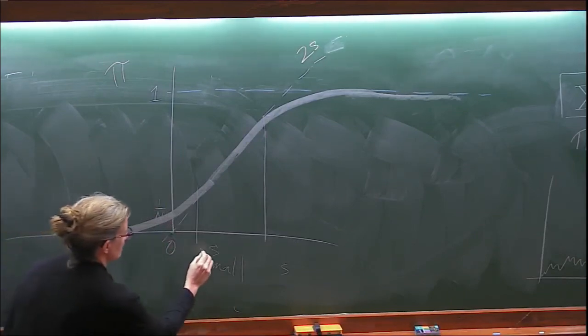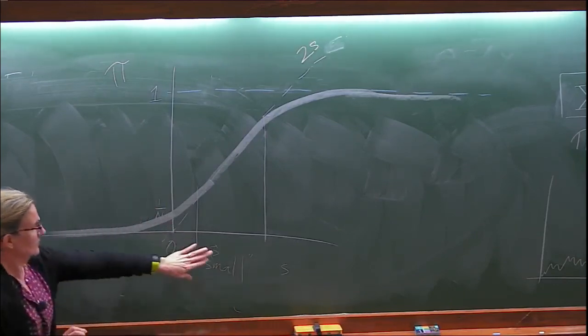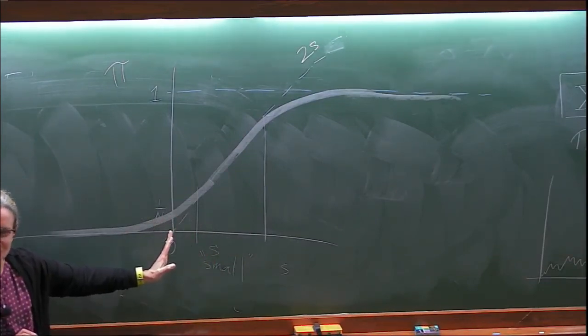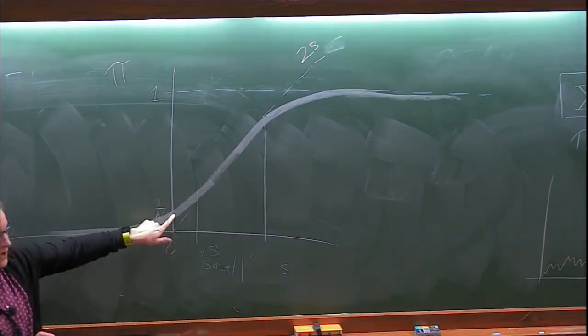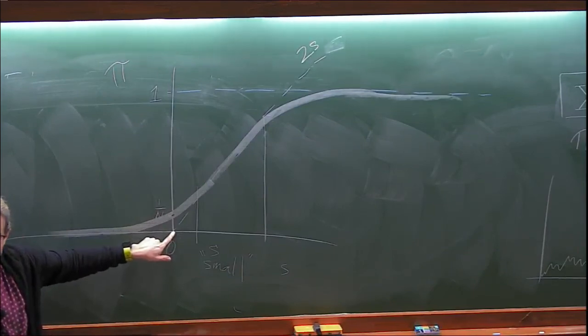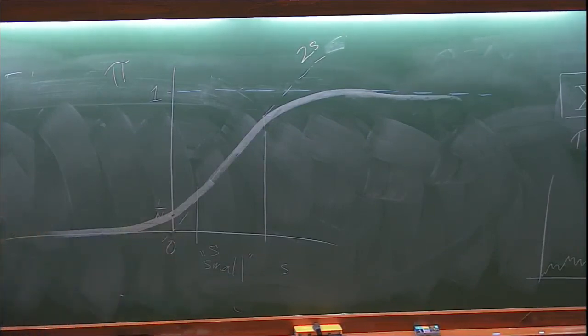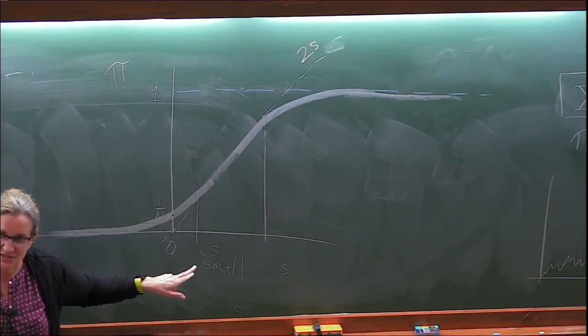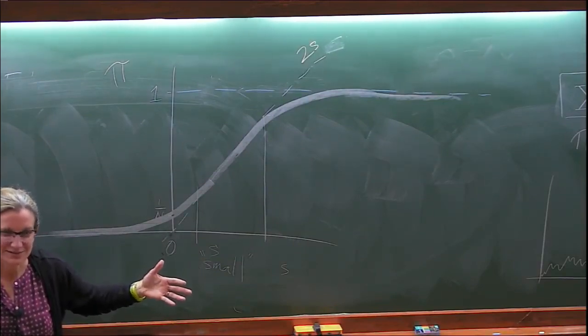So this is your S small region, but it doesn't go all the way to 0, because pretty soon you get to the point where 1 on n is bigger than 2S, which is the example that I gave you here. Physically, what's happening is that drift alone is a much bigger effect than the selective advantage.